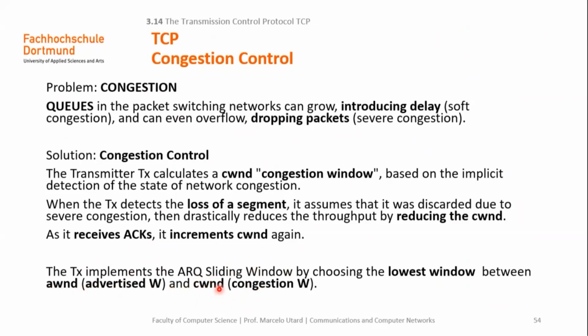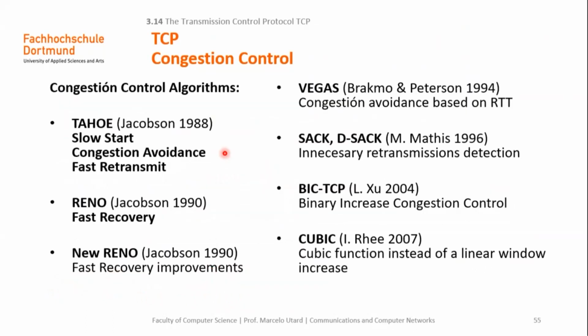And remember, at any time the transmitter chooses the lowest window between the advertised window and the congestion window. Now, simply in order to remember the different proposals of congestion control algorithms.